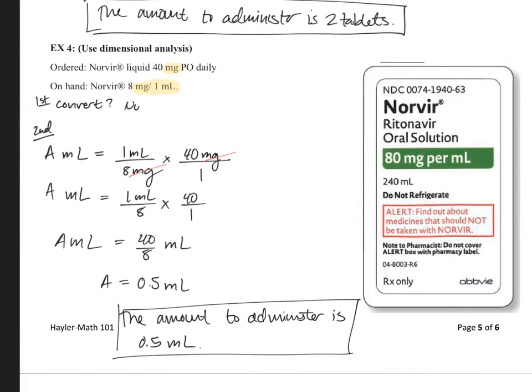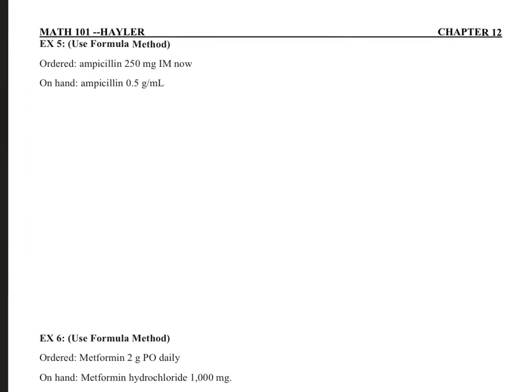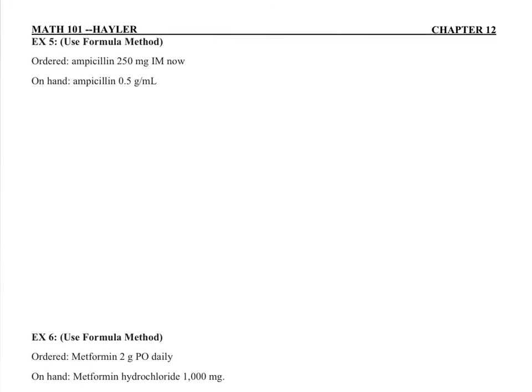All right, let's keep going. So that was dimensional analysis. Now we're moving on to the formula method, which is the newer method. For the formula method, we're going to use this, which is on page 270 of your textbook. Determining the components for the formula method, we need, as usual, D, H, and Q, which we know from above.